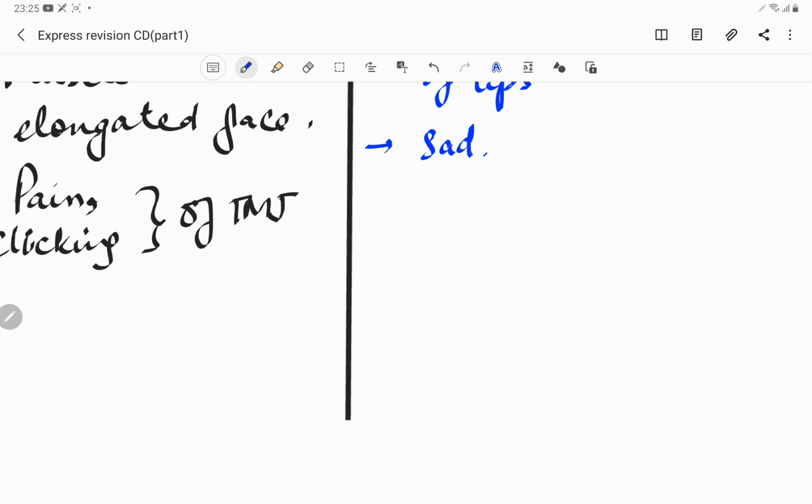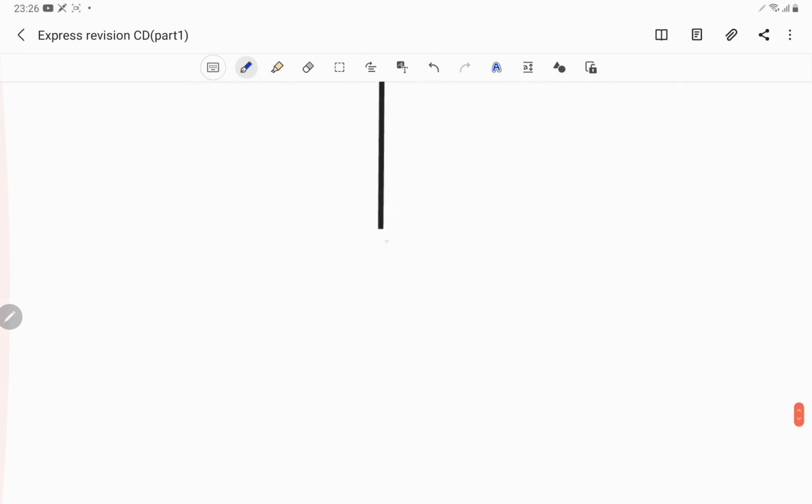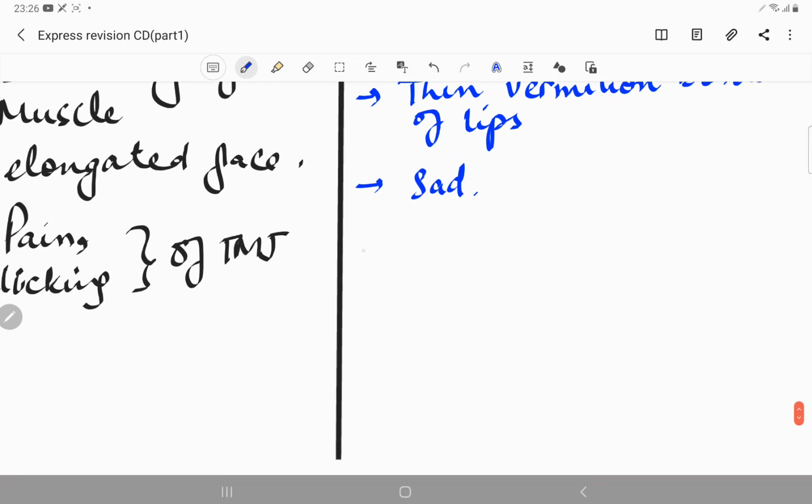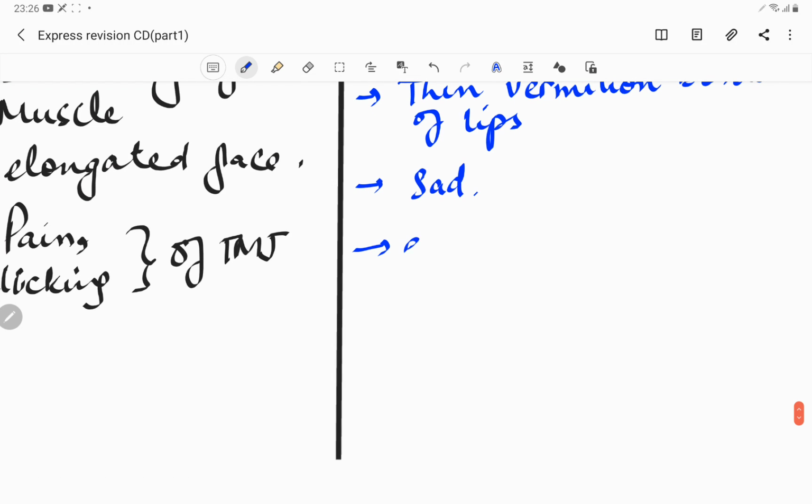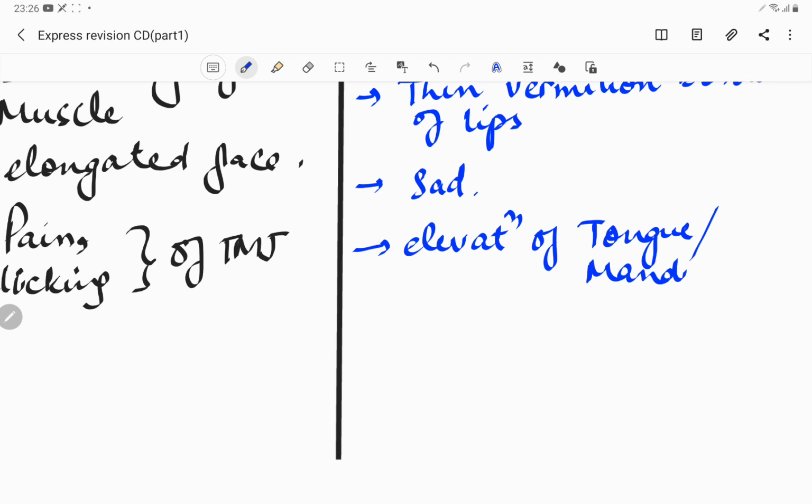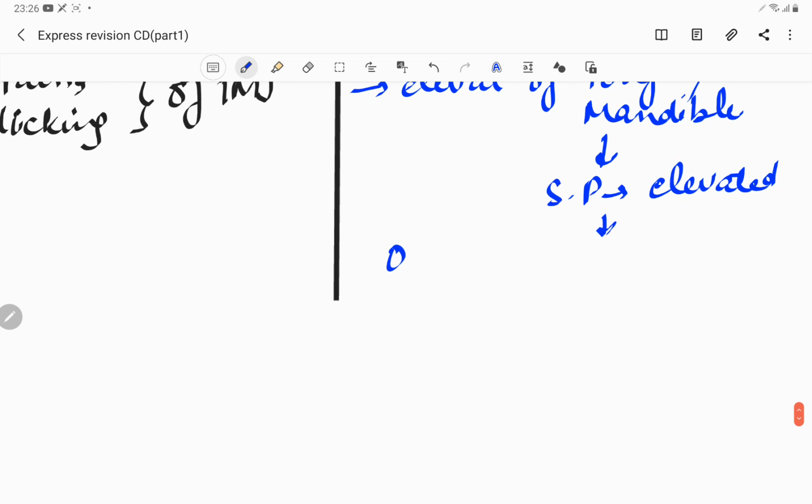And also there is going to be obstruction of the opening of the eustachian tube, and the reason is that there is going to be elevation of the tongue, or elevation of the mandible, and because of that the soft palate will be elevated, and due to this there is obstruction of the opening of the eustachian tube.